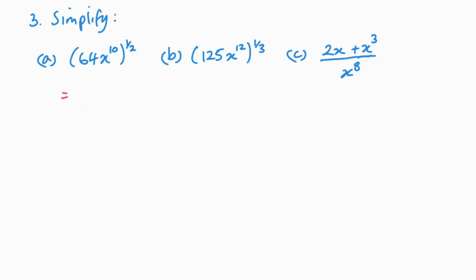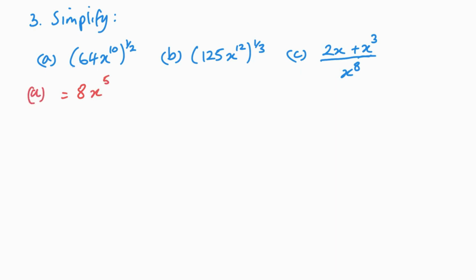I'm just going to jump in here on question 3. Simplifying these ones, 64 to the power of half is the square root of 64, which is 8, and then x to the power 10 raised to the power of half, you multiply the powers, so x to the power of 5.